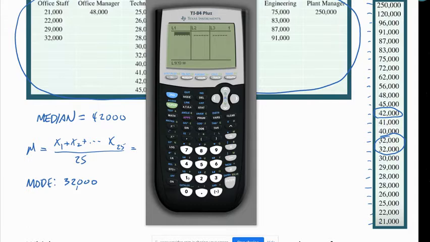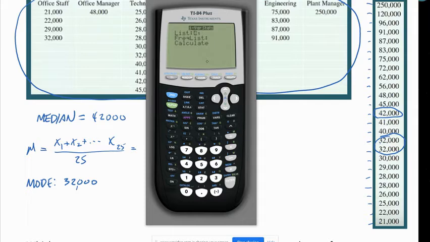And then let's say I have the values 10, 15, 16, 16, 16, 25, and 38. Out of those values, if I wanted to calculate the mean or the average, I can go to Stat, slide over to Calc, one variable statistics.